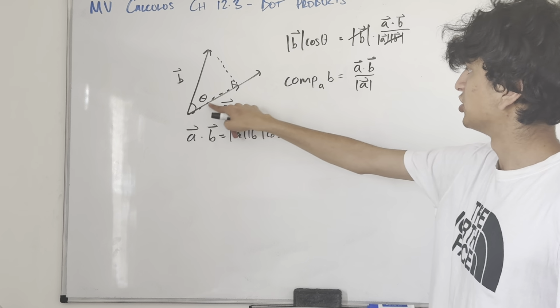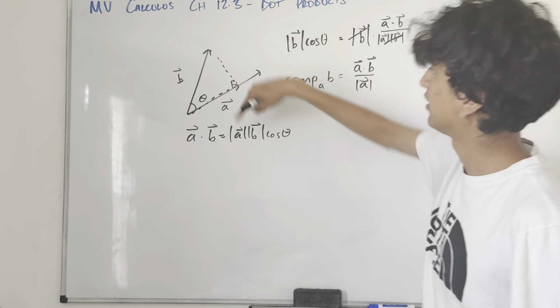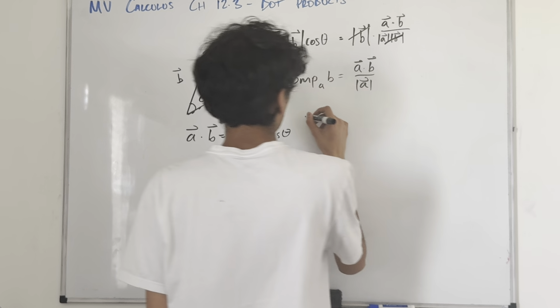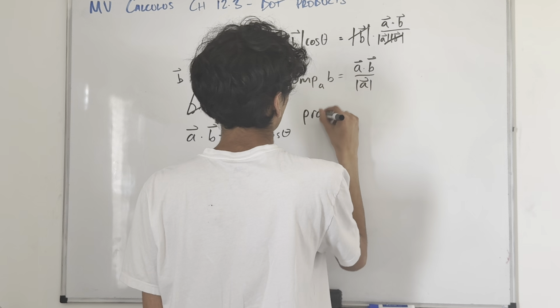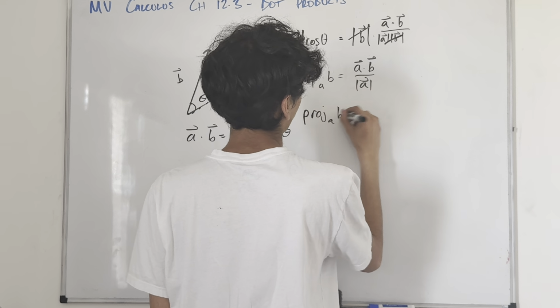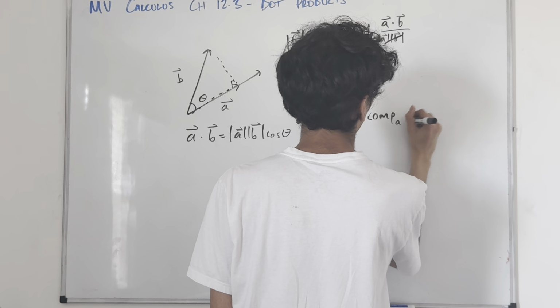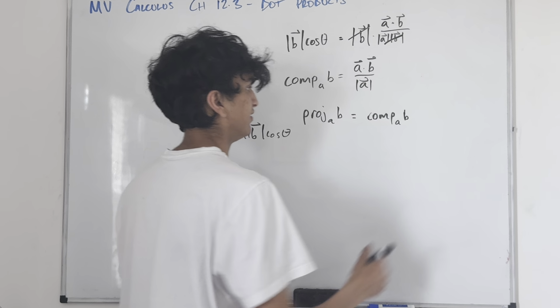This is like the shadow of B projected onto A. Then the projection of B onto A is the component of B projected onto A that is in the same direction as A.